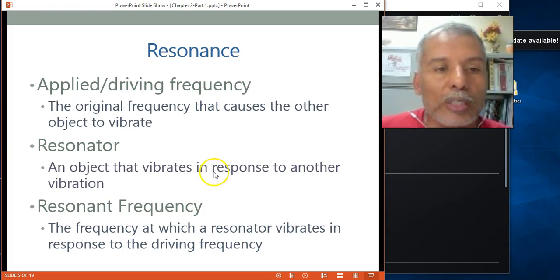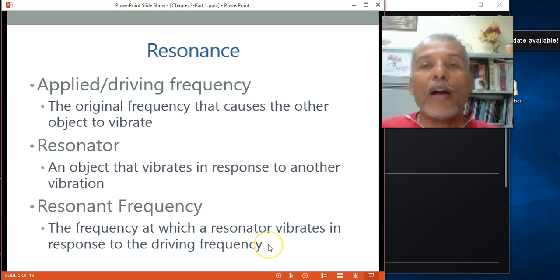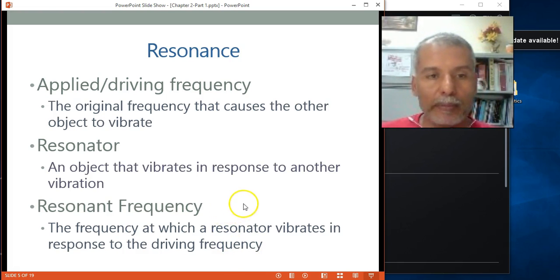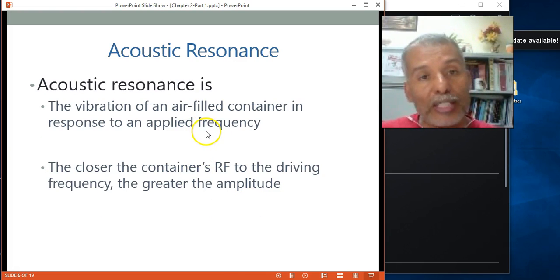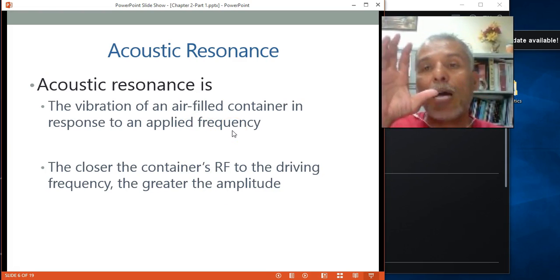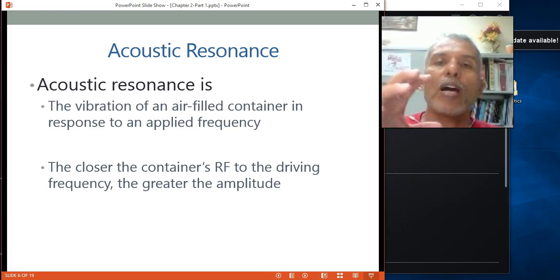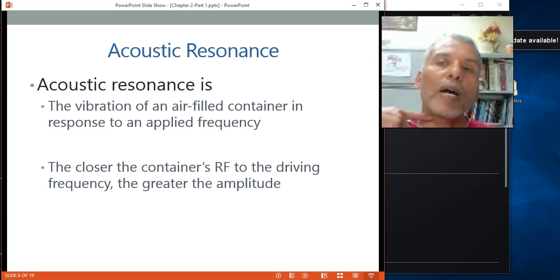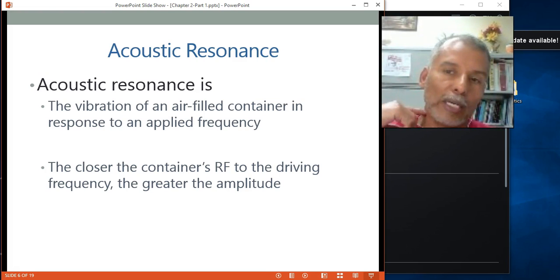So resonant frequency is the frequency at which a resonator vibrates in response to the driving frequency of another resonator. An acoustic resonator, again, is a column of air, just air, vibrating in response to an original applied frequency. Like my vocal folds are going to make a tone.